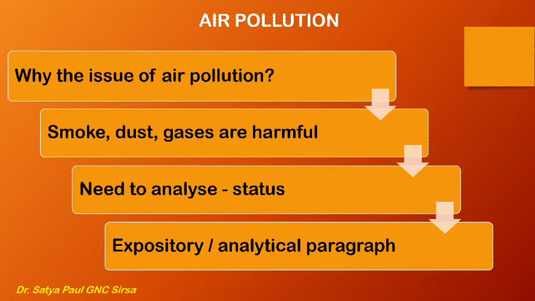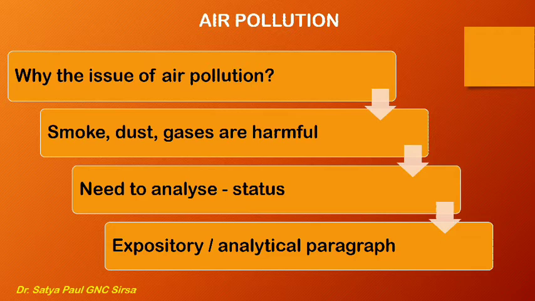If we write an analytical paragraph, we will analyze its status. What is air pollution? What are its sources? What is it doing today? How is it adversely affecting the health of this earth? And what is the solution, etc. In a given space of 10-15 sentences, we shall discuss all these things.